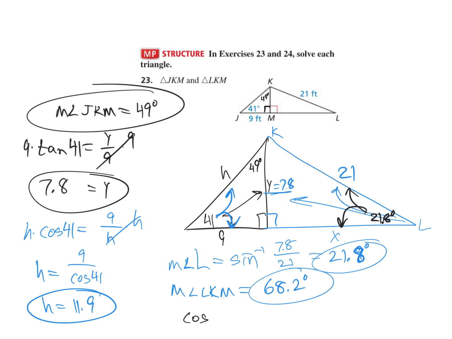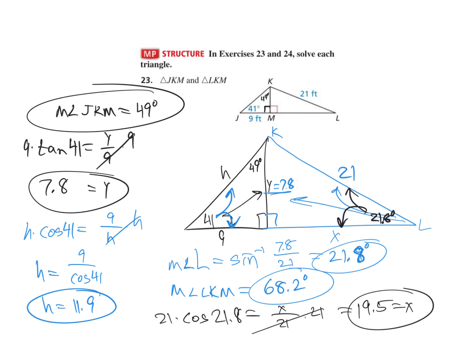So the cosine is the adjacent leg over hypotenuse. The cosine of 21.8 is equal to the adjacent leg over 21. Multiply by 21 on both sides. So 21 times the cosine of 21.8, and that gives me 19.5. And that's x. So we solved all the pieces of the triangle using trig.